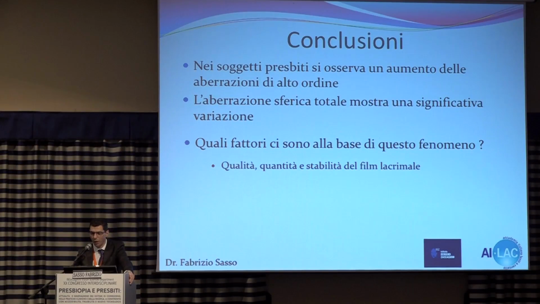As previously described, the tear film, which is quite worse in presbyopes than in non-presbyopes. Well, this justifies increased high-order aberrations, but not the type of variation of spherical aberration that we saw before. This can be caused by a change in the optic characteristics and shape of the lens.